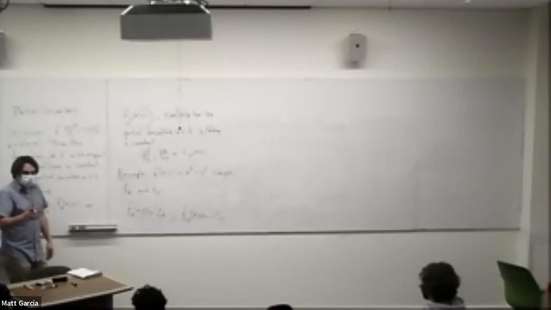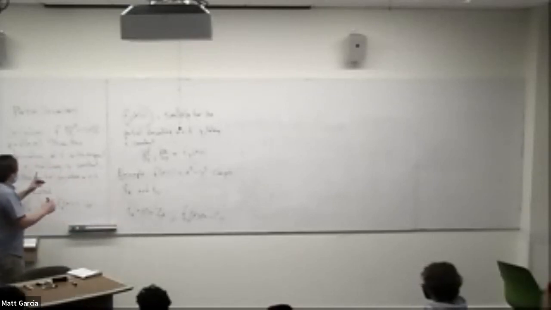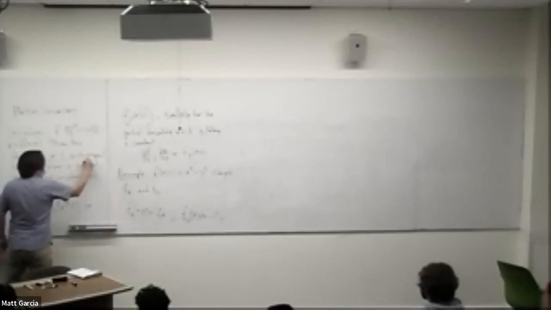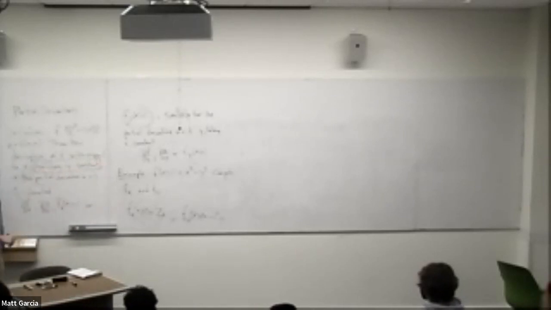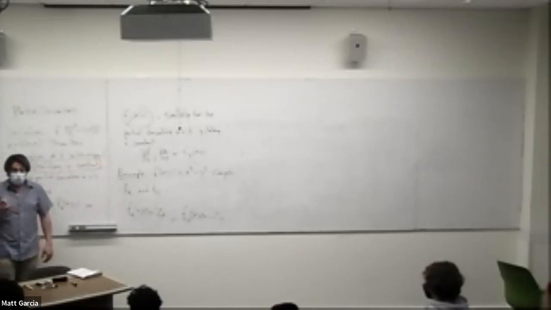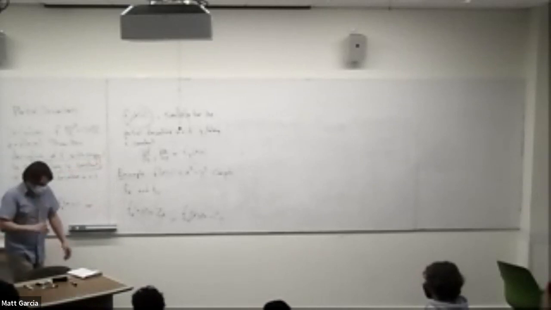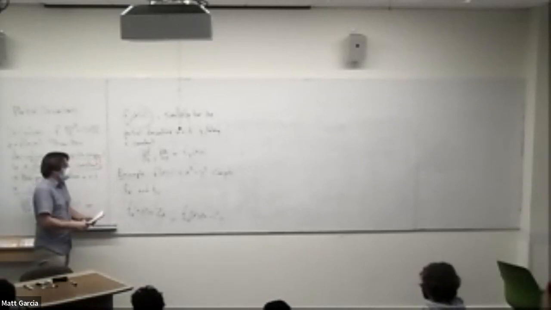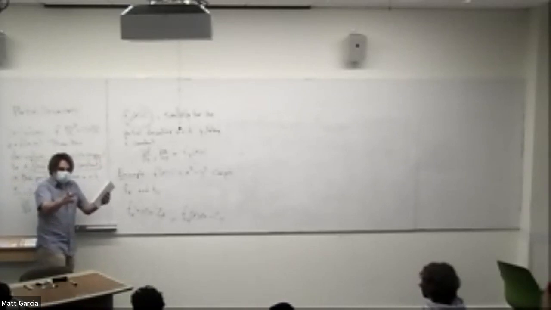Yeah, very good. Remember, the key phrase here is when we take the partial derivative with respect to x, we are holding y constant. We treat y as a constant. So what does that mean graphically? Exactly what you said. Thank you.